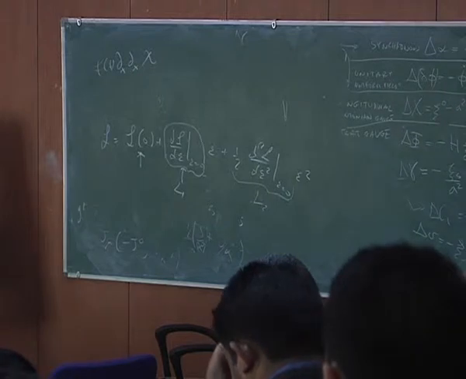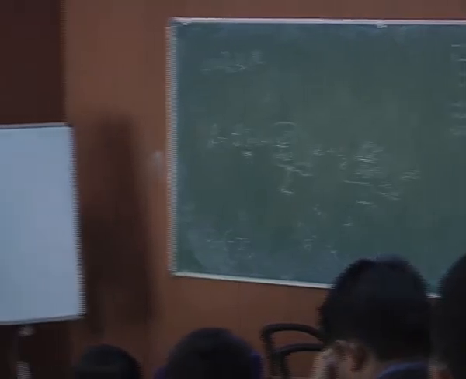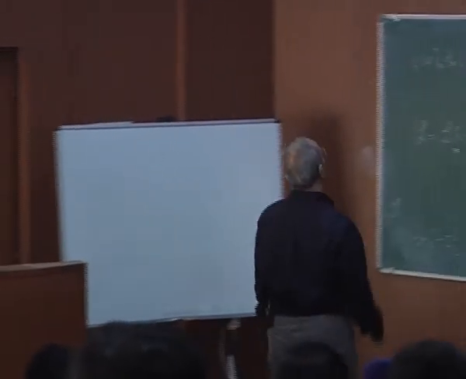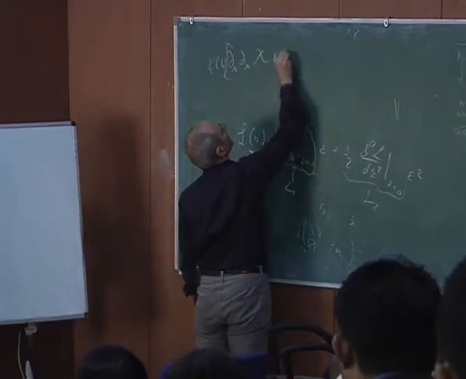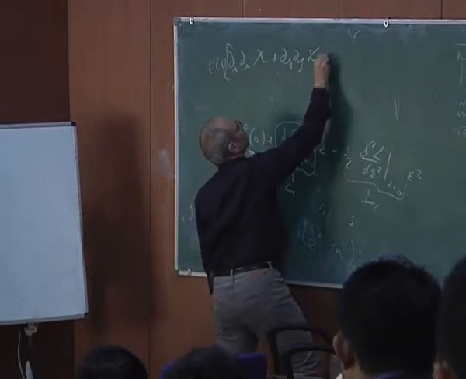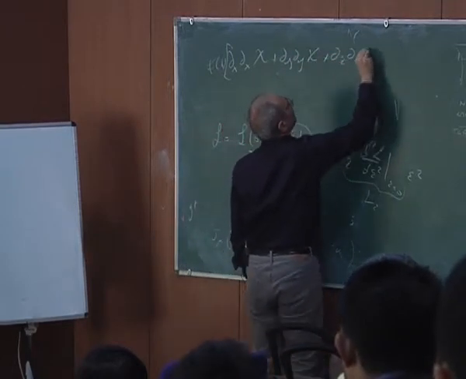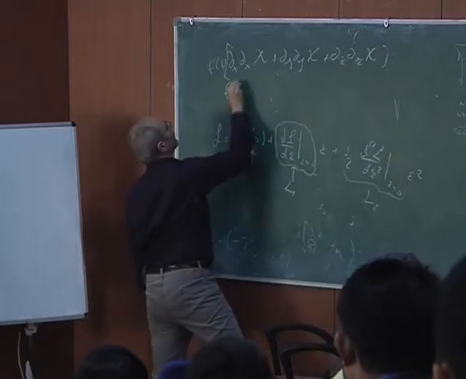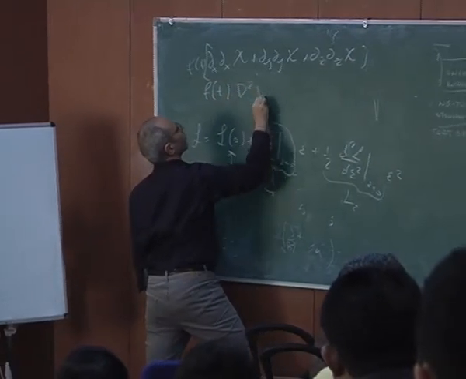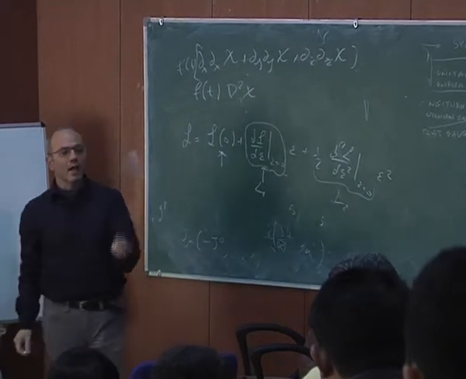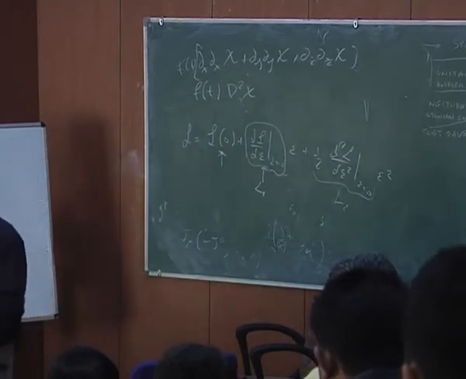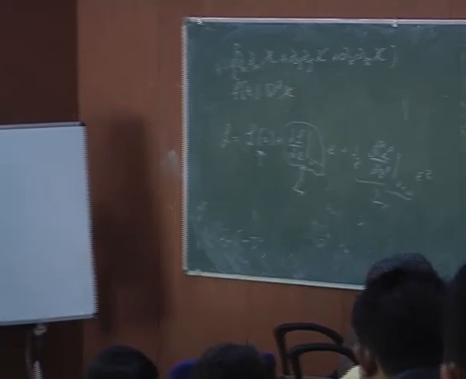If you had allowed chi to be a function of y and z, you would have this. So this will be the Laplacian of chi, because the Laplacian is isotropic. We cannot have anything else, otherwise we would be making a mistake.